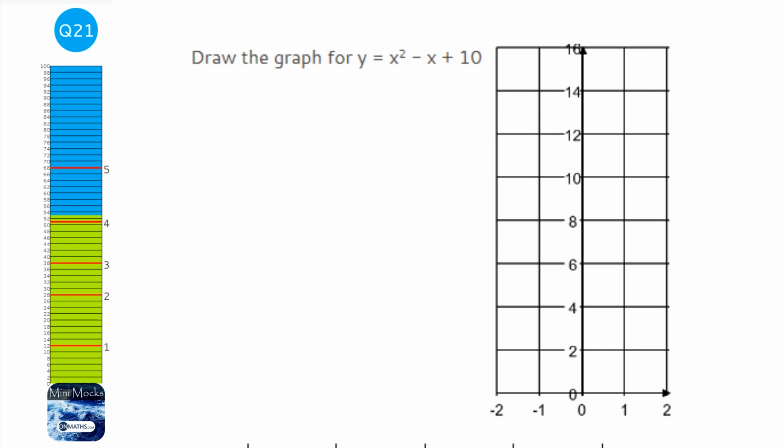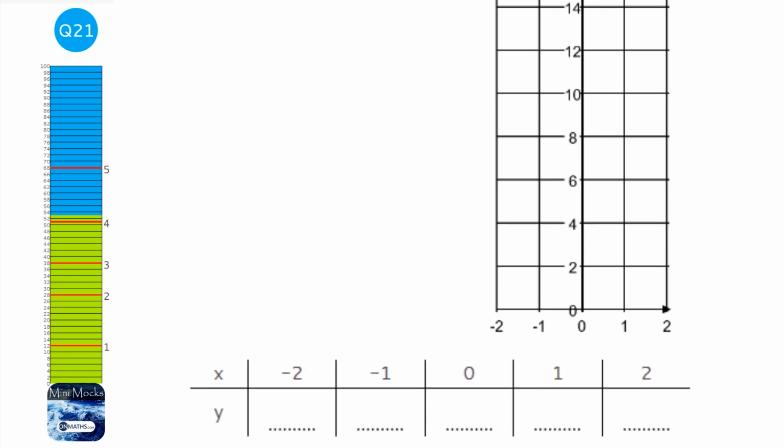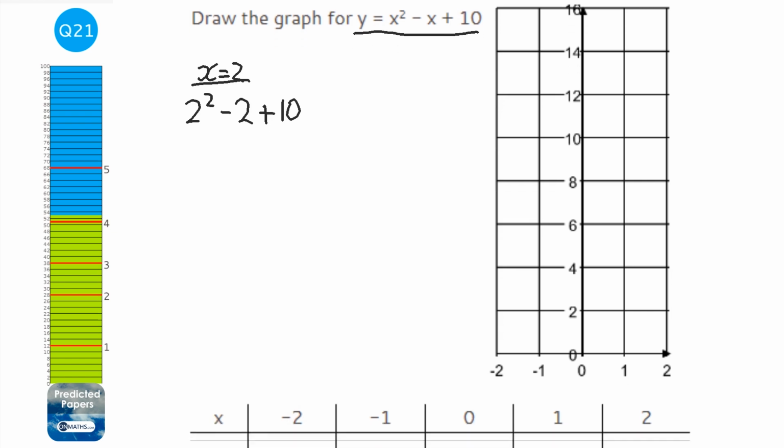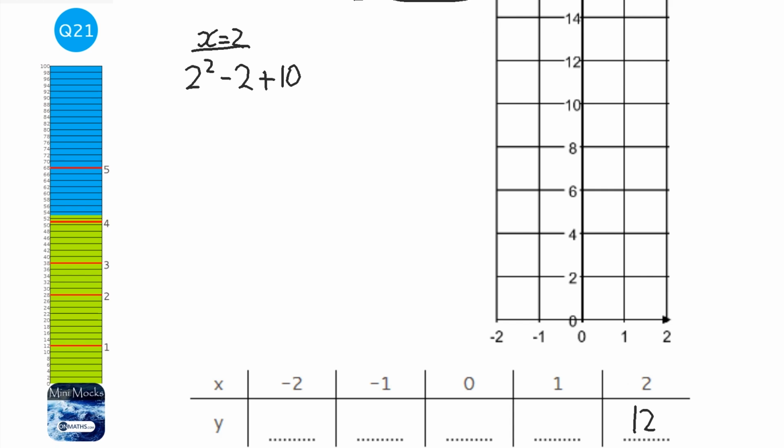Okay, so to draw this graph, we're going to use our table of values, which is shown below. So when x equals 2, what I want to type into my calculator is 2 squared minus 2 plus 10. And it's exactly the same as the equation at the top, but instead of x, it's going to be 2. Now I can do this in my head. 2 squared is 4, 4 take away 2 is 2, and 2 plus 10 is 12.